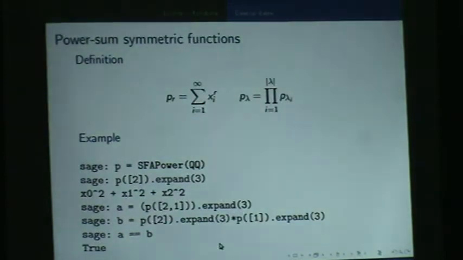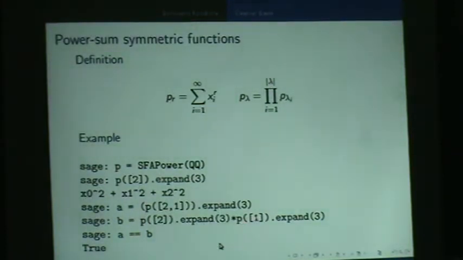So here, I create the object corresponding to the partition 2, 1, and then expand it on 3 variables. And then I create an object B, which I obtain by first taking this symmetric function, expanding it on 3 variables, and then what I get is a polynomial.